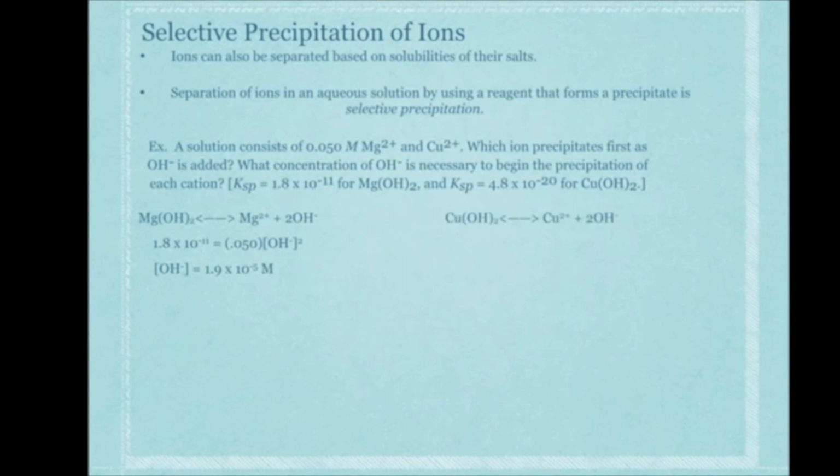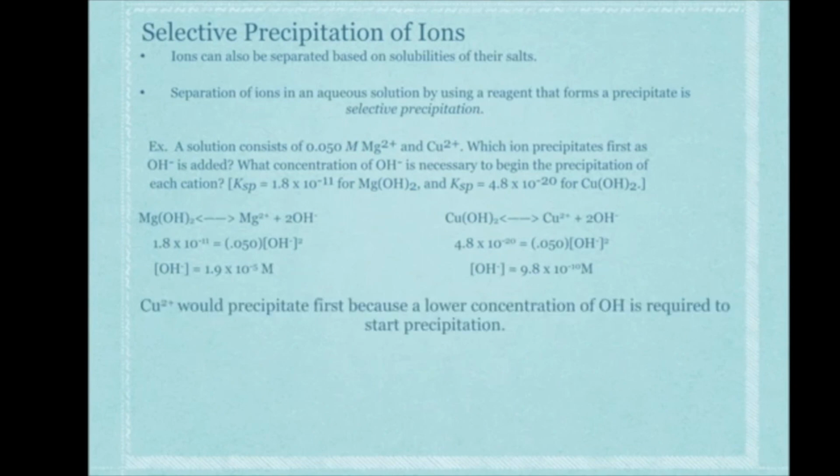When I do the exact same thing for copper hydroxide, what I get for my concentration of hydroxide is 9.8 times 10 to the negative 5th. So for copper hydroxide, you need less hydroxide in order to start precipitating it out. Because you need less hydroxide, that means the copper hydroxide is going to precipitate out before magnesium hydroxide.